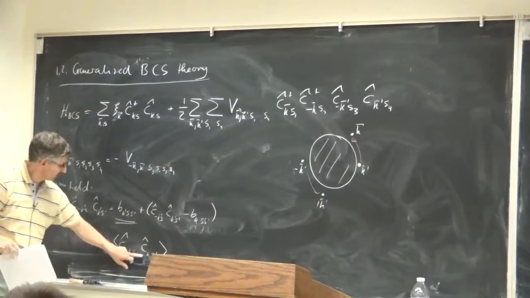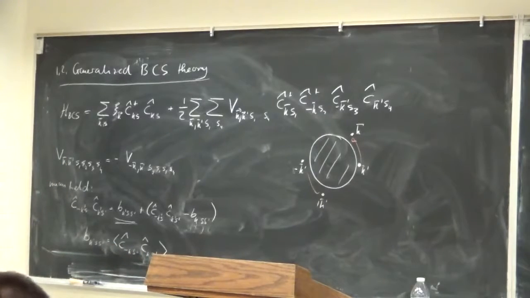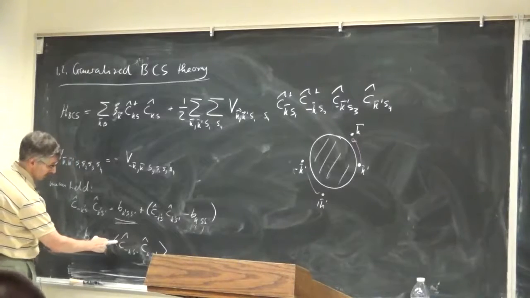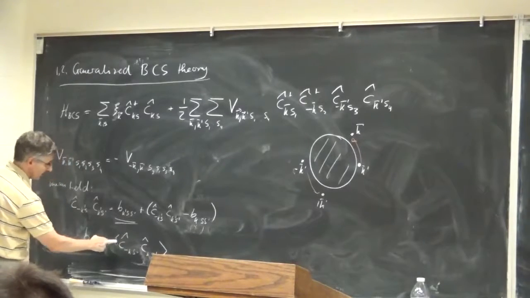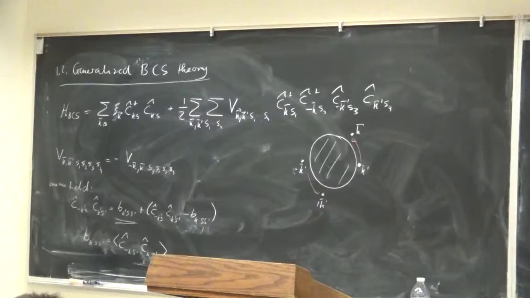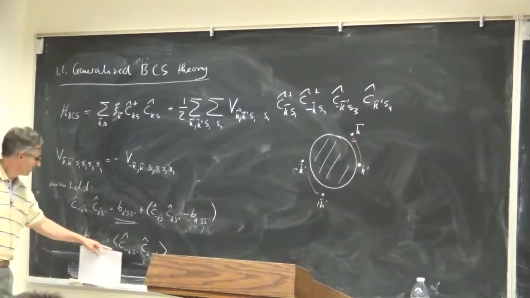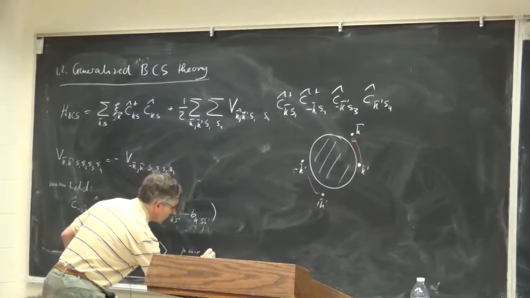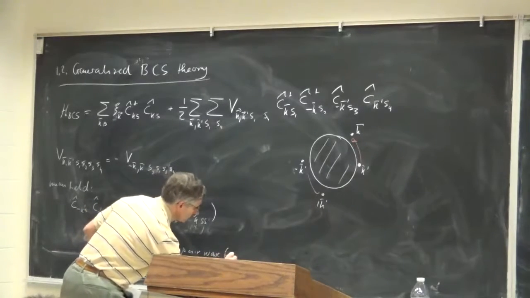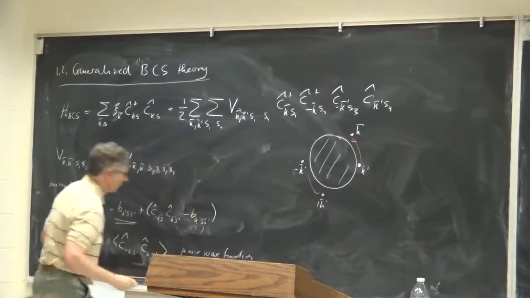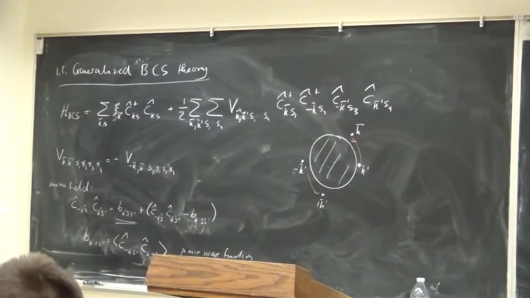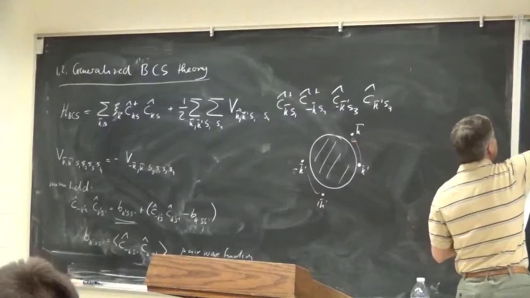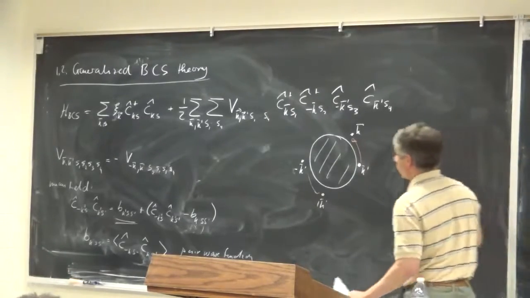This is somehow very similar to what we had before, where we had calculated this expectation value using the BCS wave function. So this is, in that sense, like a pair wave function which we had before. So now I insert this here.